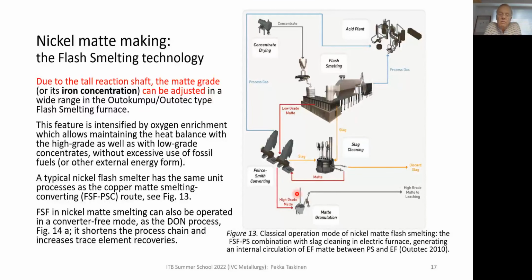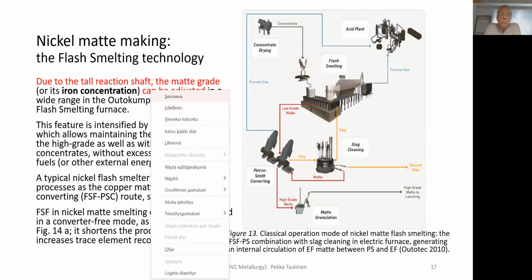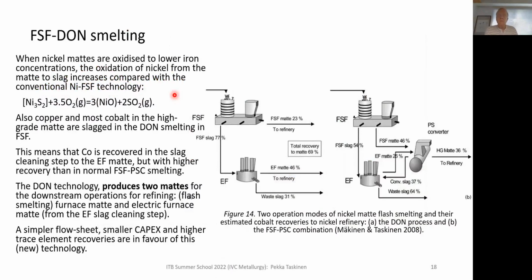In addition, a new process for nickel smelting was invented or developed in Finland in the 1990s, where also high MgO concentrates could be smelted, and this kind of internal slag circulation was no longer present.